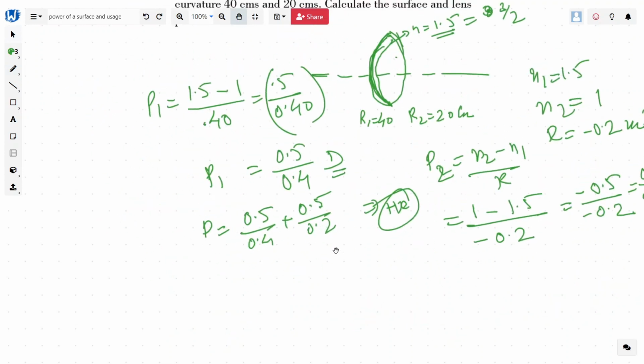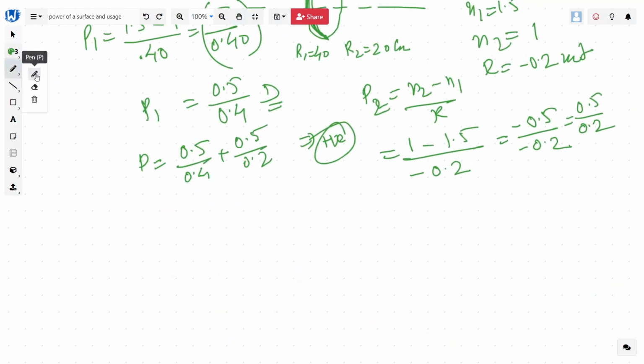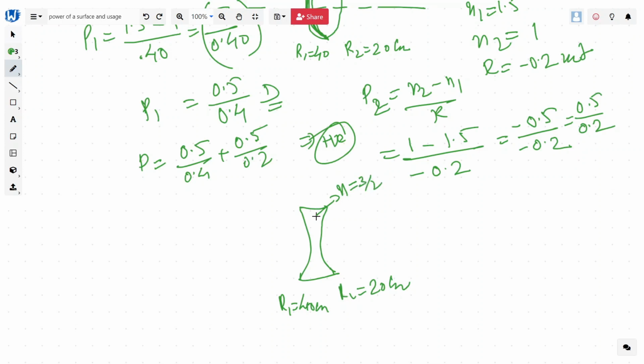Let's suppose that this lens is concave, right? Then what will happen? Taking a similar example, now the lens is, say, biconcave, and R1 is 40 centimeters and R2 is 20 centimeters, and N of the lens is 3 by 2, or 1.5. Now let's find the power for surface number 1. N1, which is in the air, is 1.